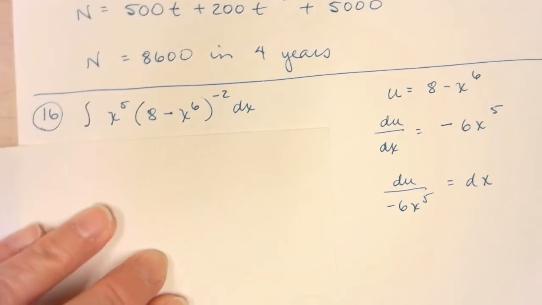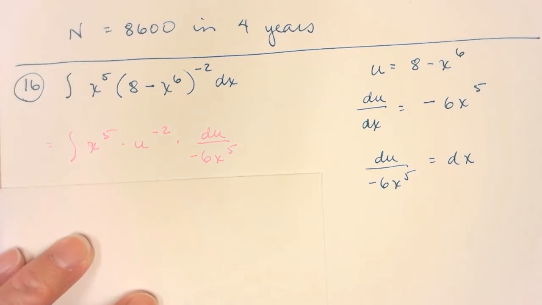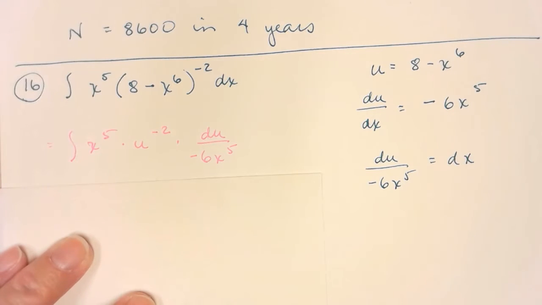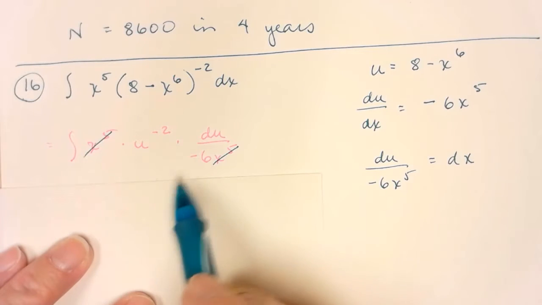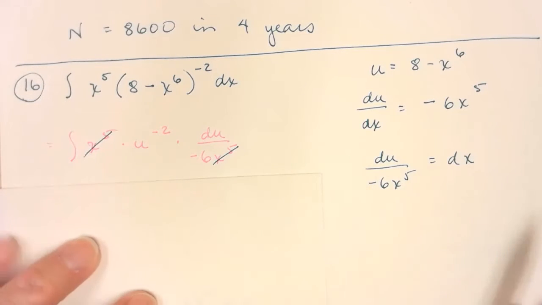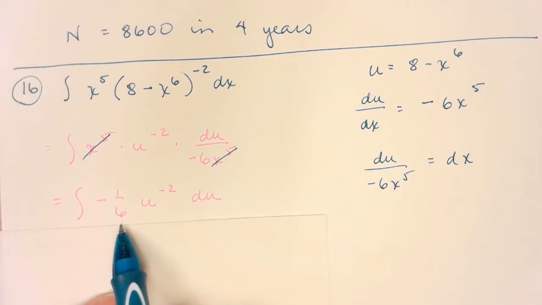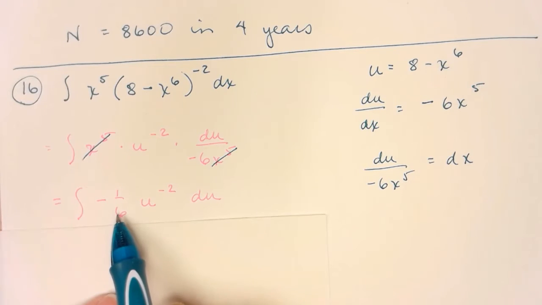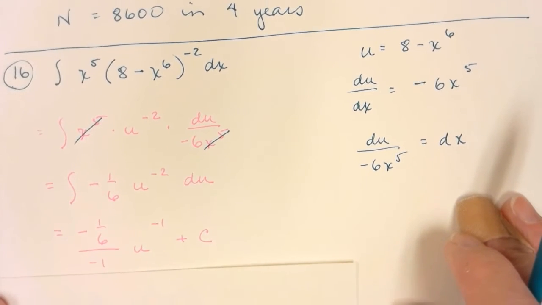Now I went with a different color. That is pink. But now what I'm planning on doing is get this x to the 5th out. It cancels. And it needs to, because what I need left in this is just u's. If I have a number down here, it is in the denominator, and I bring it up front. And now I'm back to rule 1. So I've got a negative 1/6 over a fraction bar, u to the add 1 here, so that would give me a negative 1.